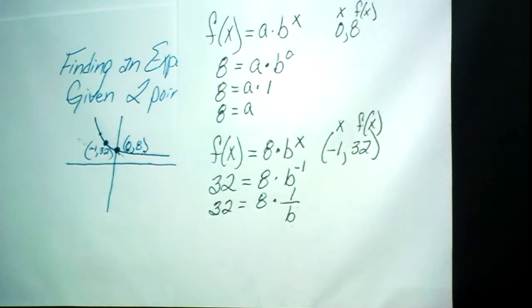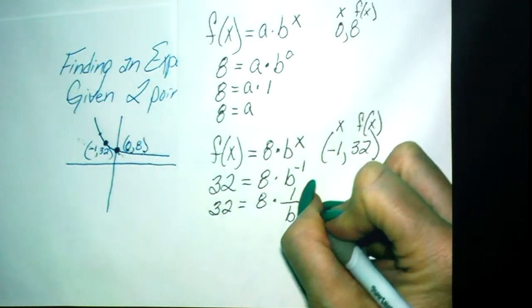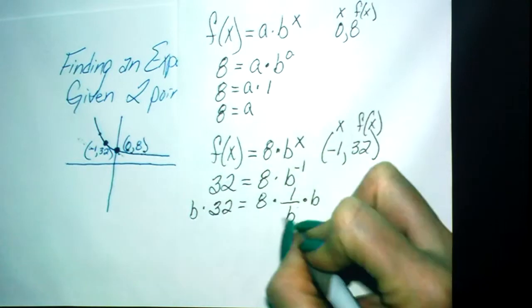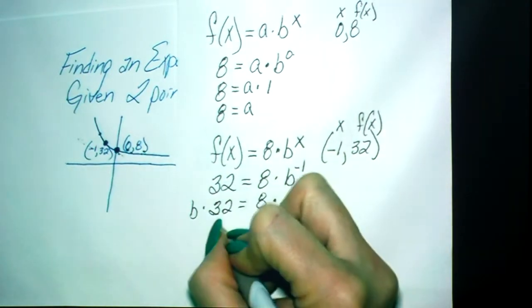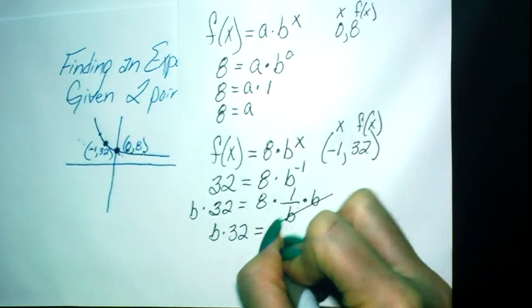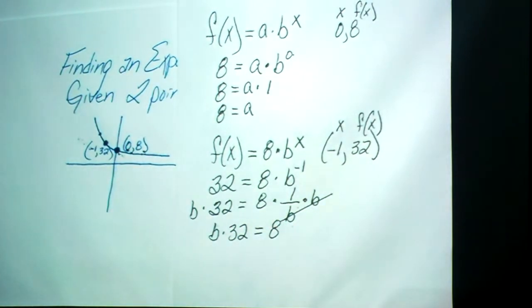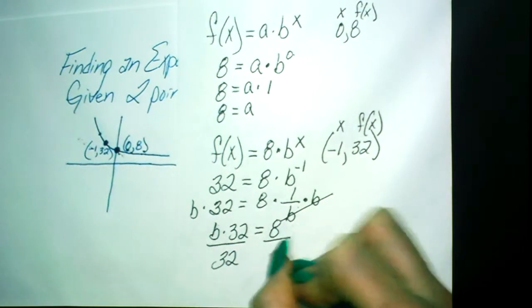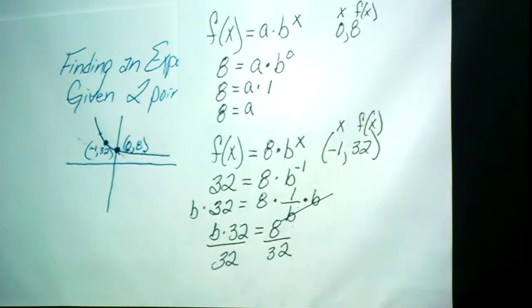Okay, so let's times both sides by b to get b out of the denominator. My b's cancel over here, and so I end up with b times 32 is equal to 8. And so I need to divide by 32, both sides.